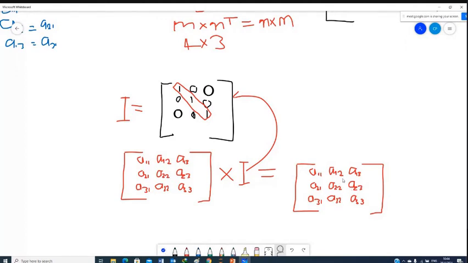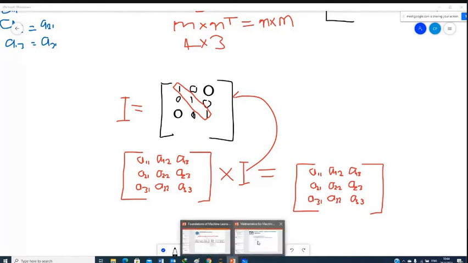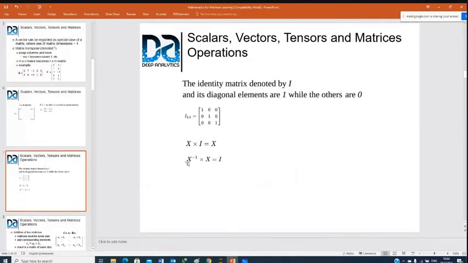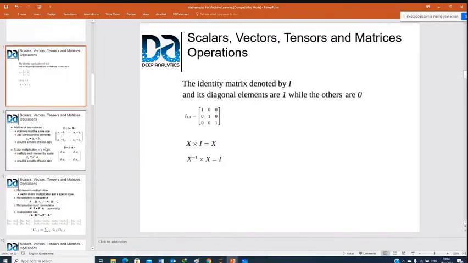So if you multiply a matrix by its identity, you still get the matrix. And if you multiply the inverse of a matrix by the matrix, you get the identity of the matrix, right?